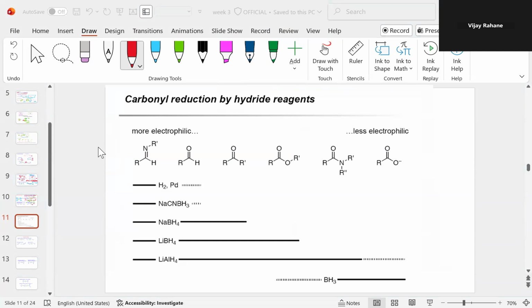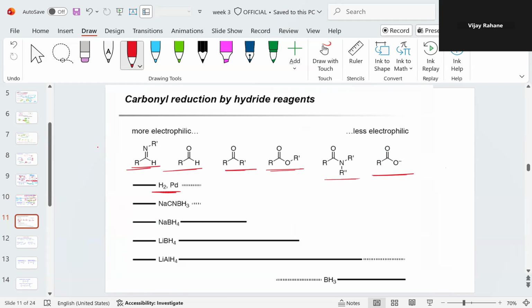So this is just a summary slide for the chemoselective reduction with these hydride based reagents. Let's say we have the imine, aldehyde, then the ketone, this is the ester, this is the amide, and this is the carboxylate anion. We are going to look at the reactivity range of these different reagents.